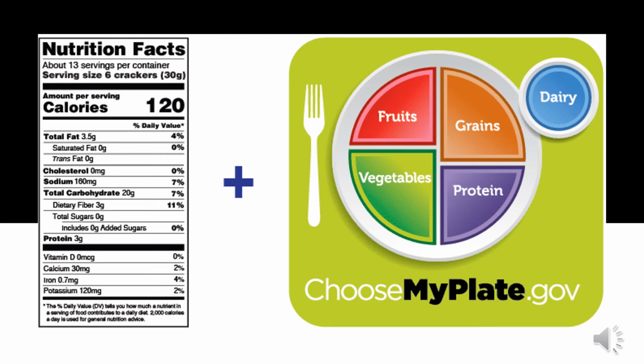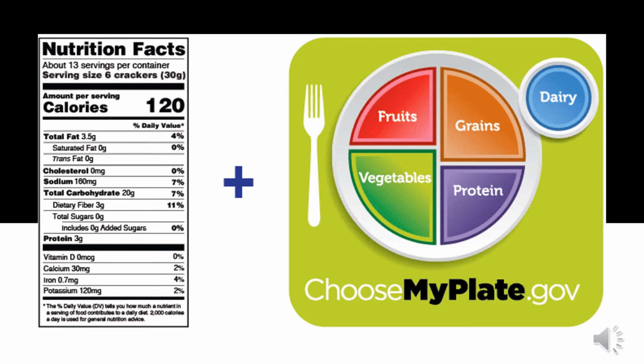So this is one of the graphics that comes from the myplate.gov website. Basically what it's telling you is if you take your plate and divide it into fours, then this is how much you should have in each area of your plate.